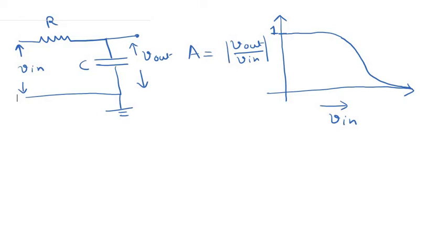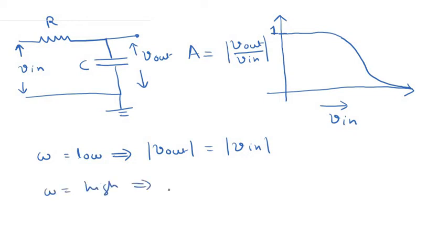However, for the high frequency component, the output is 0, as we noted that when omega is low, then mod of V out is equal to mod of V in. When omega is high, mod of V out is approximately equal to 0.